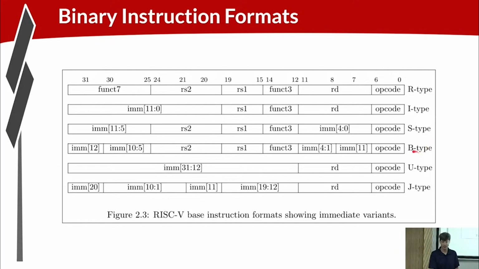So B type does not have a destination register, so it's similar to S type, but the immediate bits are packed a little bit differently. U type only has a destination register and an immediate source value, and J type, again, similar to U type, but the immediate bits are packed differently.